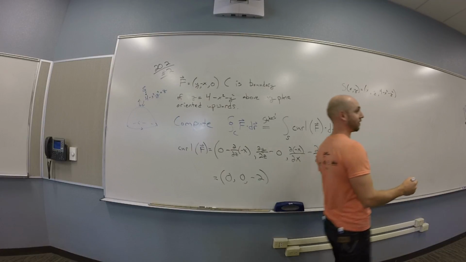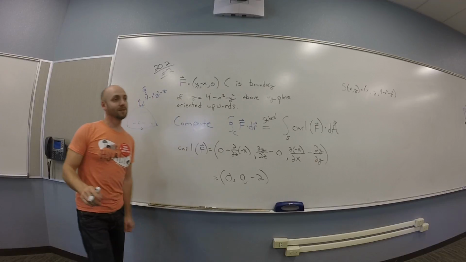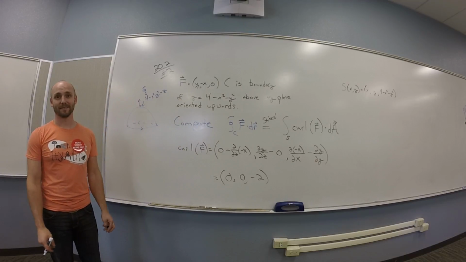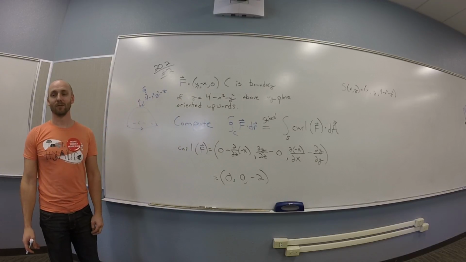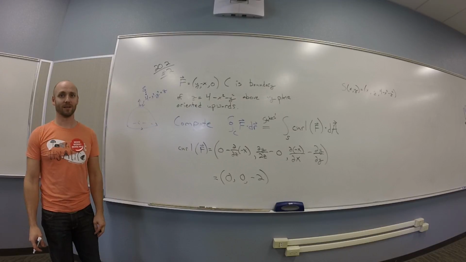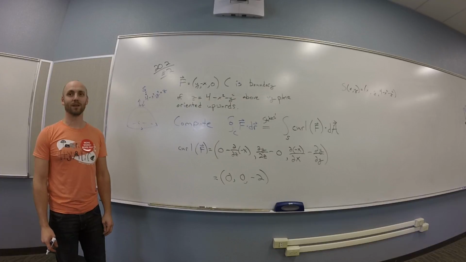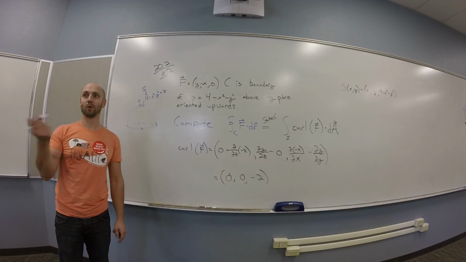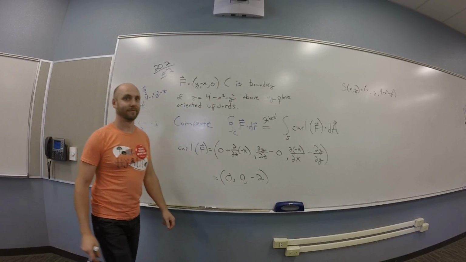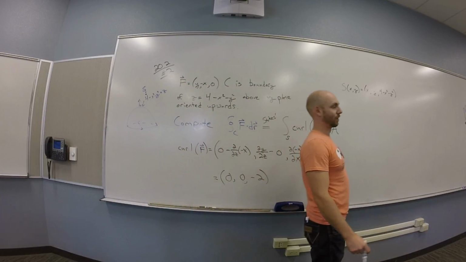Do not overthink this. You could parameterize this with r's and thetas. It would be annoying, but you totally could. It would at least have the advantage of probably already having been converted to polar. You guys with me on that?